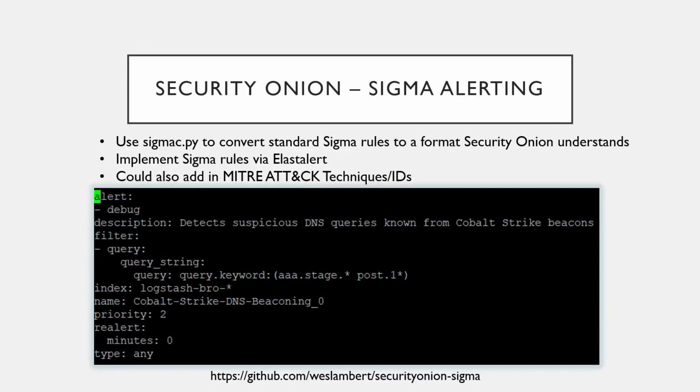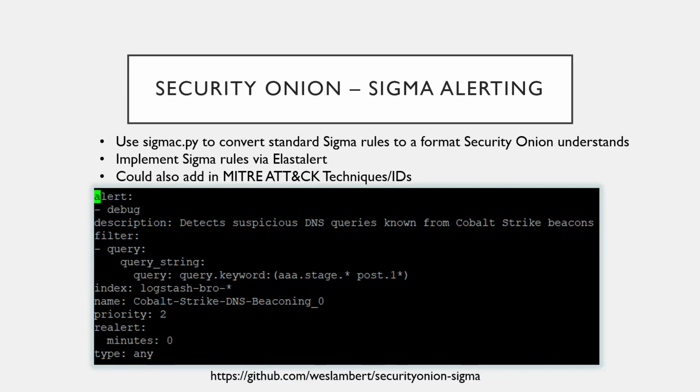Another thing to touch on with alerting. Anybody heard of Sigma? Sigma rules? No? Okay, so Sigma rules are kind of like a generic signature that you can use across multiple platforms. And in this case, it's looking for Cobalt Strike DNS queries. And we can implement that with Security Onion.